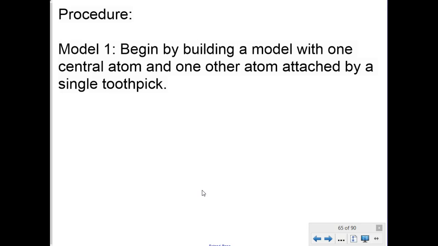We only have 1 toothpick. That represents 1 pair of electrons. Is this a lone pair of electrons, or is it a bonding pair of electrons? It's bonding because it's attached to another marshmallow. This means that these 2 electrons are being shared between these 2 atoms. There are no lone pairs in this molecule.